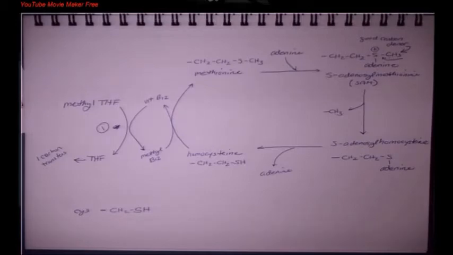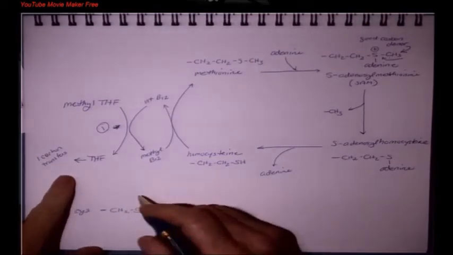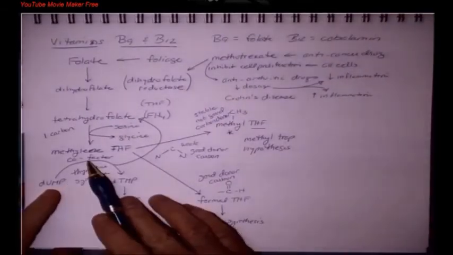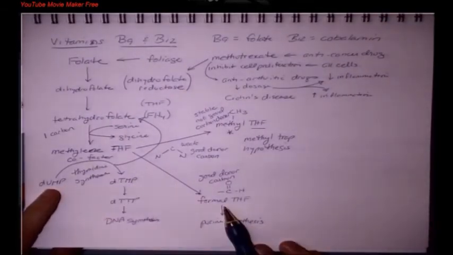Okay, so now, what does all of this mean in medicine? If we have a folate deficiency, eventually it means that we will deplete ourselves of our methylene cofactor and of our formyl cofactor.